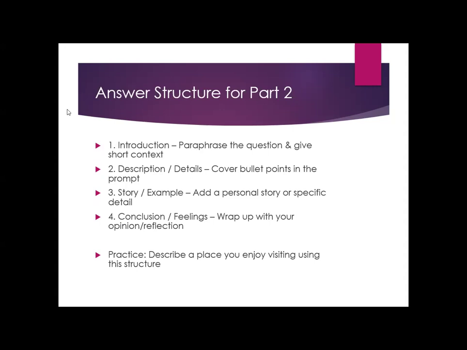Again, I'm just going through it. Introduction: always paraphrase the question. Tell the examiner what you are going to talk about. Then give a short context. Then give a bit of description or details, so cover the bullet points in the prompt. Then you can add a personal story or any specific detail.